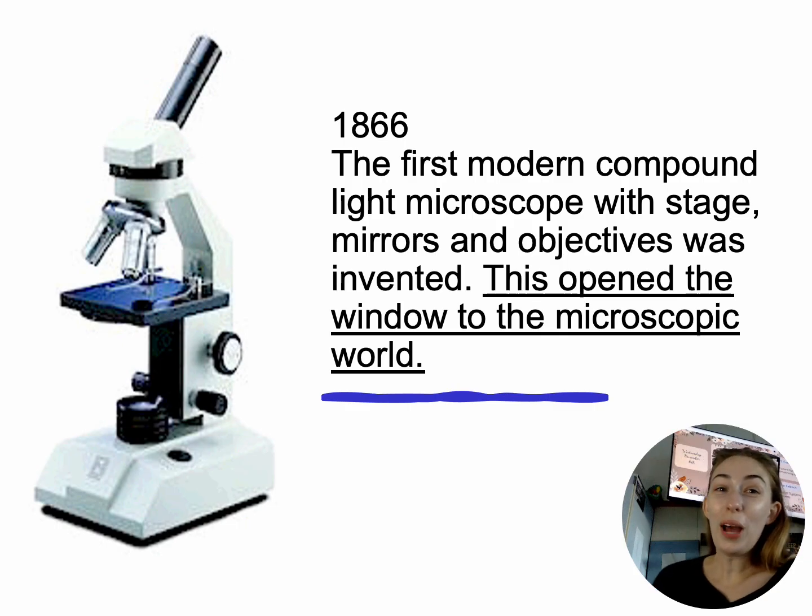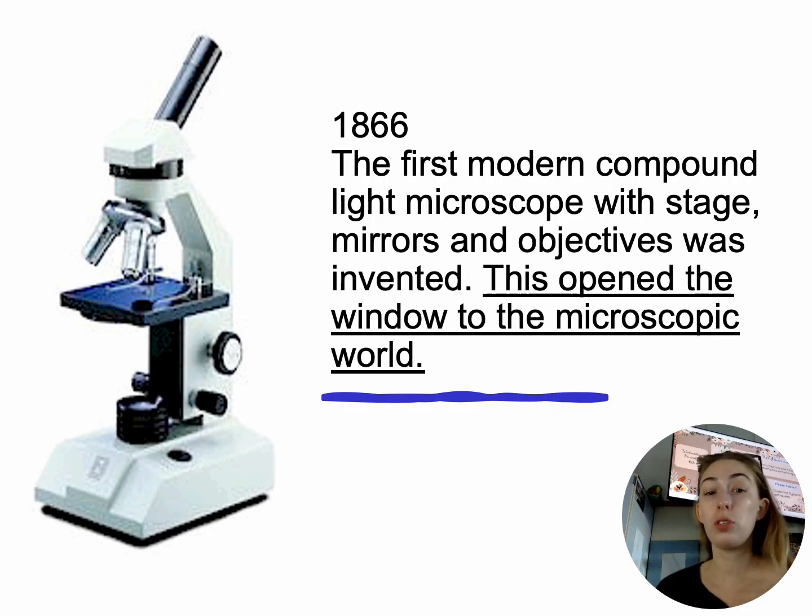So it took a while for the next major microscopic discovery to be made. In 1866, the first compound microscope with a stage, that little base part right there, and it had mirrors and objectives. We're going to talk in great detail about these in like 2 days.